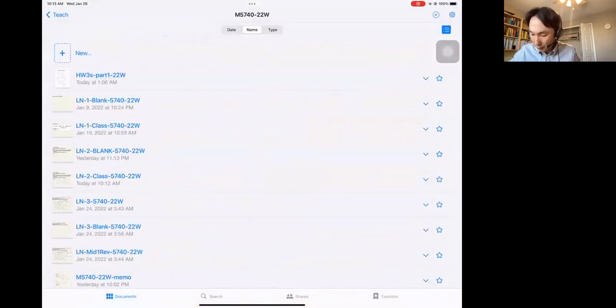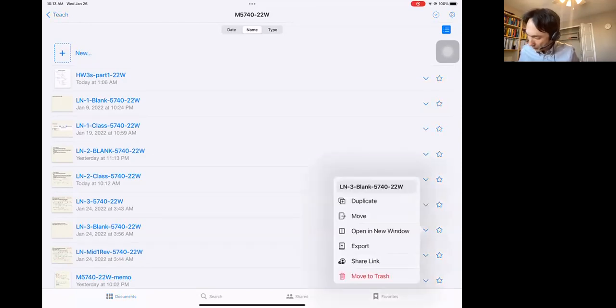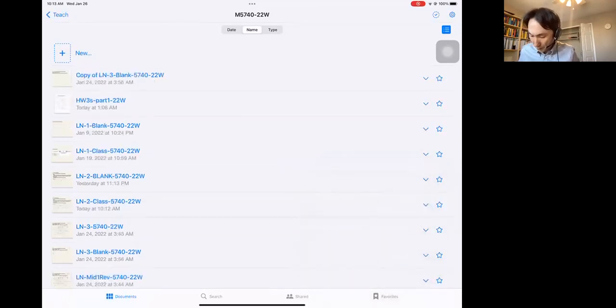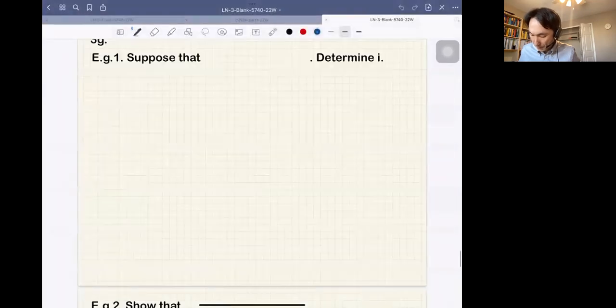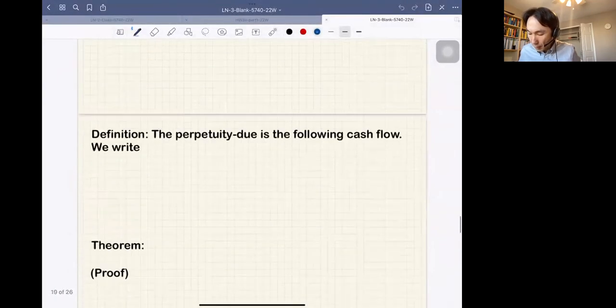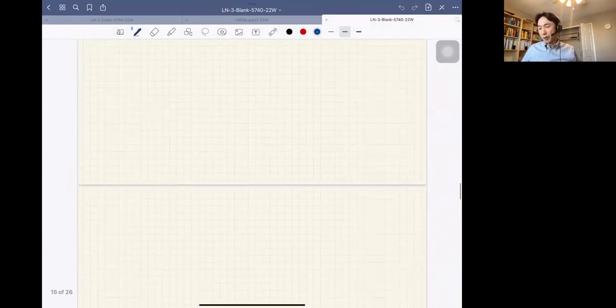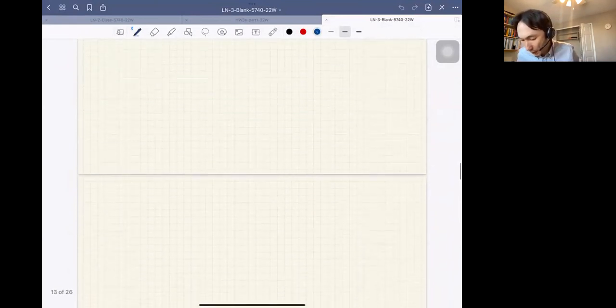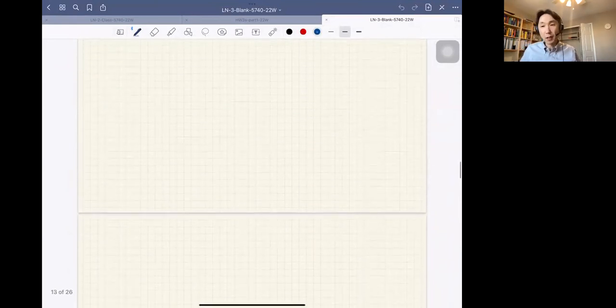Okay, now chapter 3. In chapter 3, we define several notations in fixed income products.